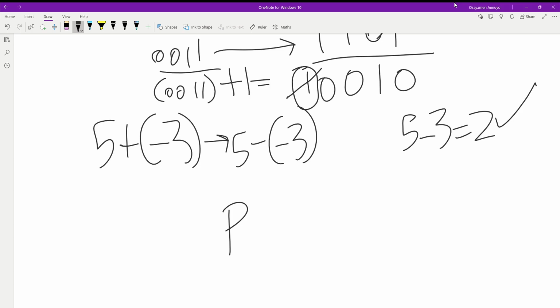Whatever combination in between, you're only staying within that interval. So adding a positive and a negative cannot overflow.